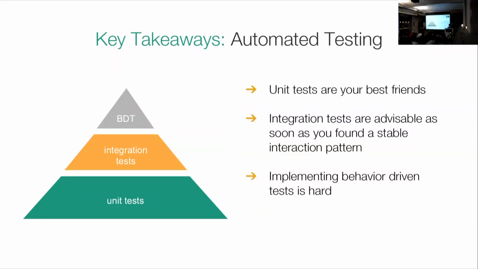The other key takeaway is from automated testing. I mentioned already, unit tests are really key, because integration tests are okay. You can do that. And BDD, behavior-driven, is really hard. The slash commands and the message interactions, to really test that behavior-driven, as a user would see it, you would have to write Selenium tests, which are on top of the web browser of the Slack app.